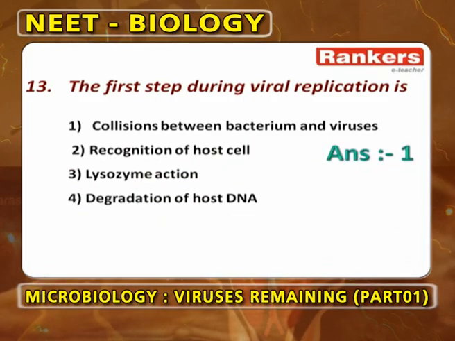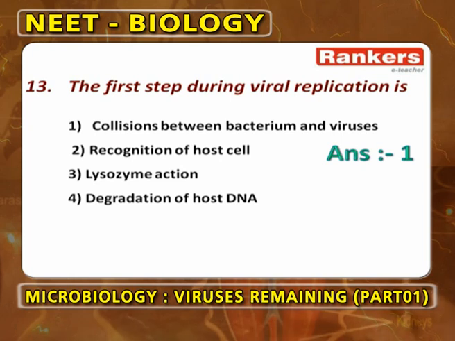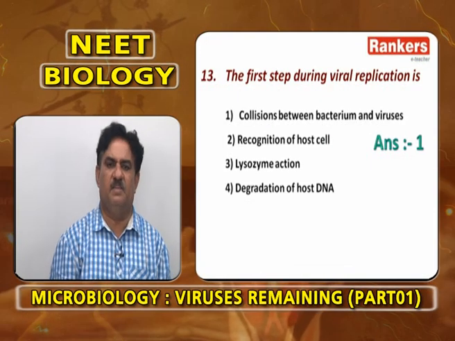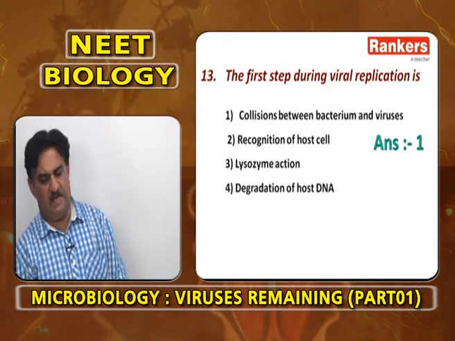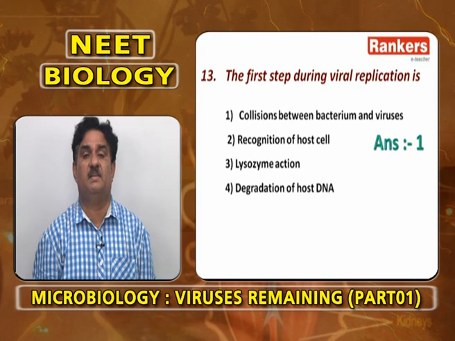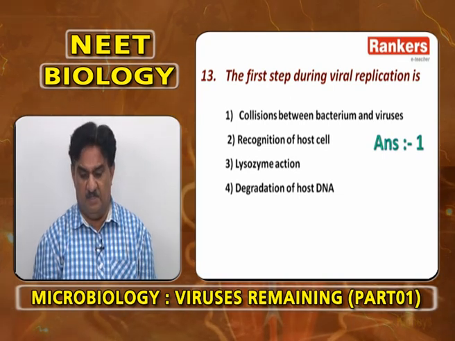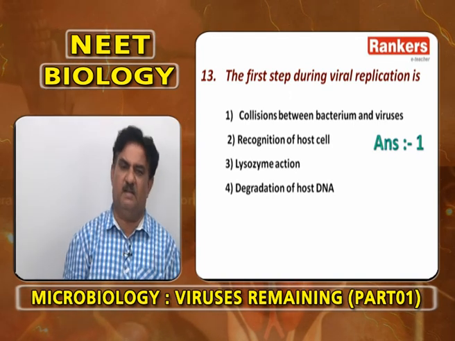The first step during replication is always attachment of the bacteriophage to the surface of the bacterial cell wall with the help of tail fibrils. So recognition of host cell is wrong. Lysozyme action occurs after that. Degradation of host DNA occurs only after the entry of viral DNA into the bacterial cell. So collision between bacterium and viruses is the first step in viral replication.